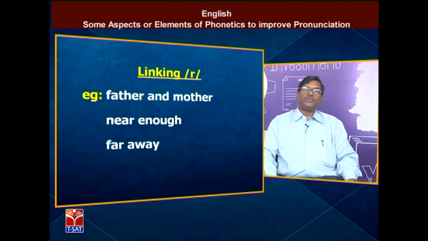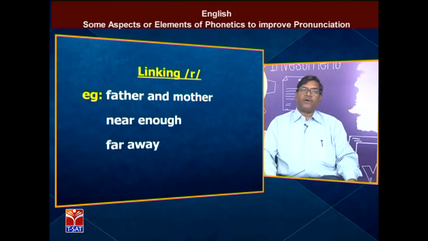Now, look at these words and phrases. When a word ends with R sound and the next word begins with a vowel sound, and if there is no pause between two words in connected speech, the final R of the first word is pronounced. Father, if we utter the word separately, the word ending R is not pronounced.